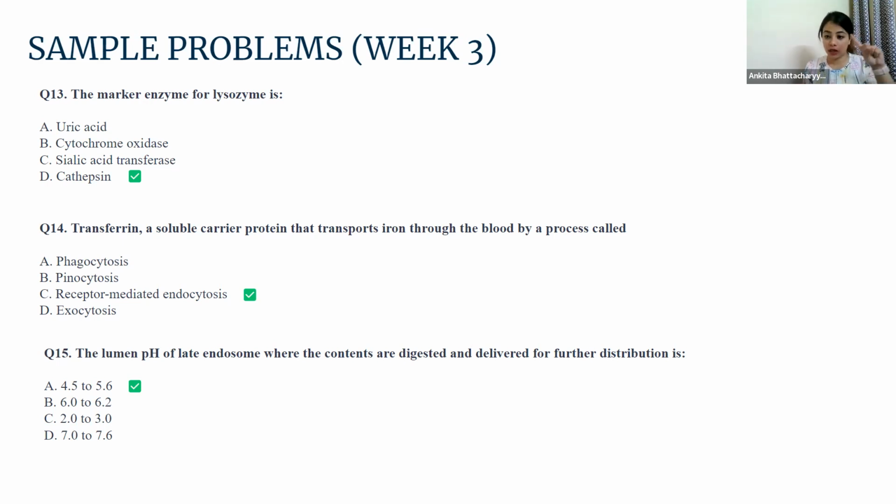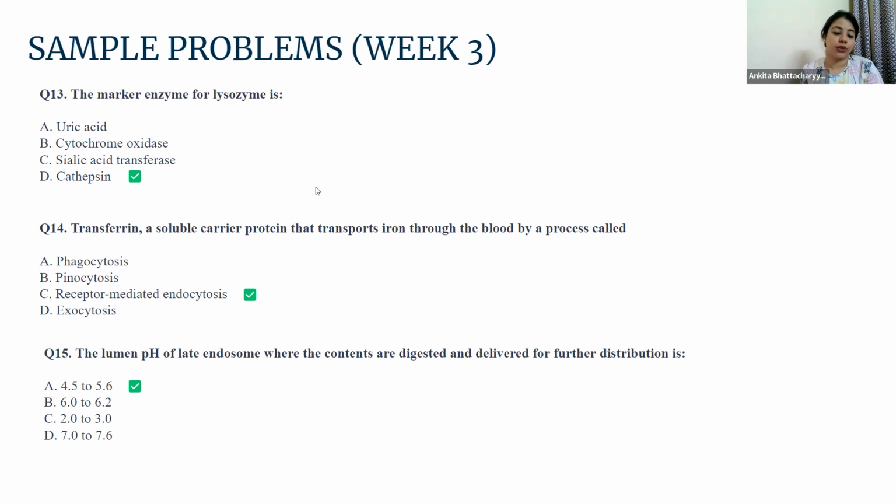Therefore, a pH as low as acids like HCl or H2SO4 is actually very hazardous to the cell. So even if it is membrane bound, a relatively acidic pH is 4.5 to 5.6, but this is still a quite direct question that you have to tackle directly.